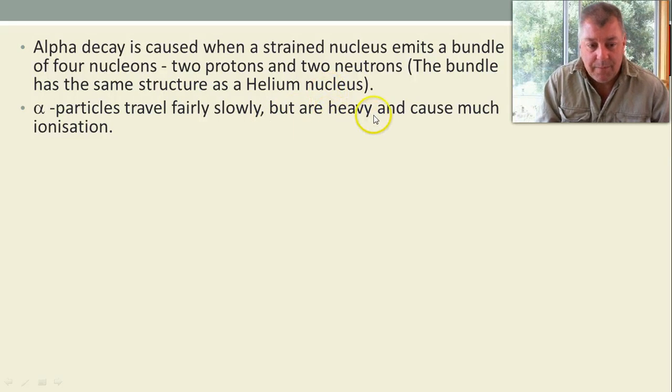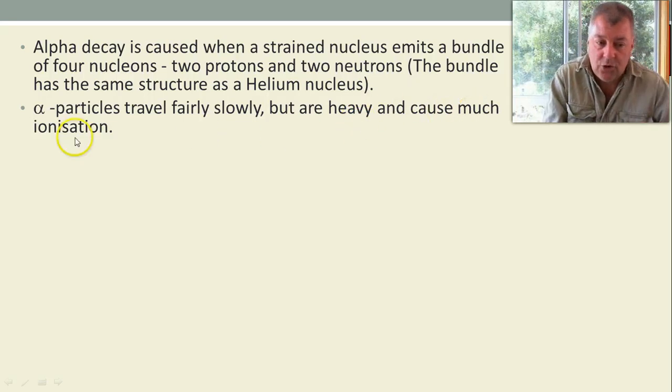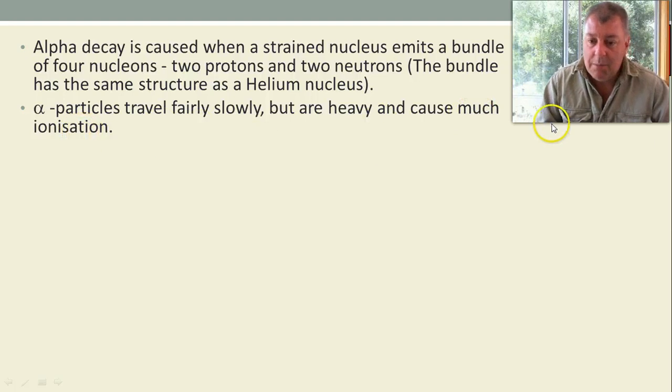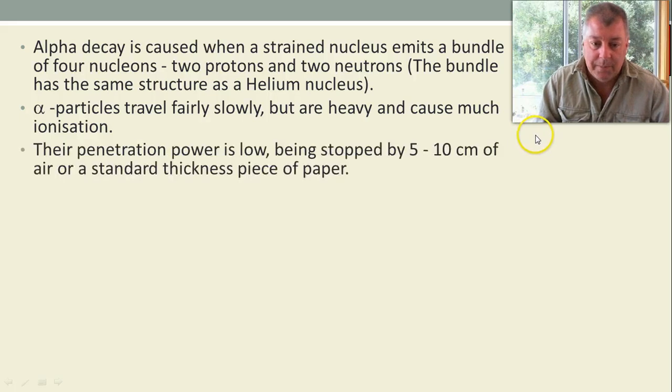But they're very heavy. They're the heaviest of the particles that we'll talk about, and because they've got 2 protons, 2 neutrons, they have a mass of 4, and they cause ionization. And that's the main concern in terms of alpha particles, the fact that they're very good at ionizing.